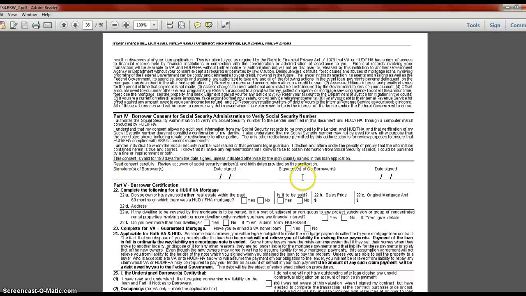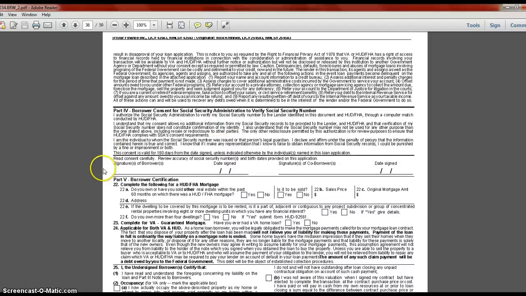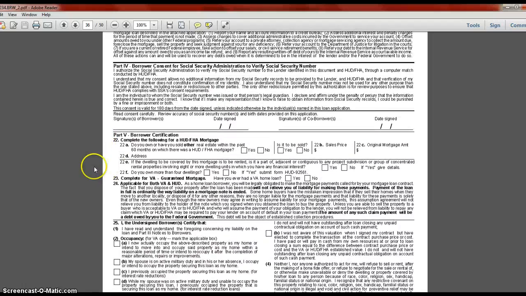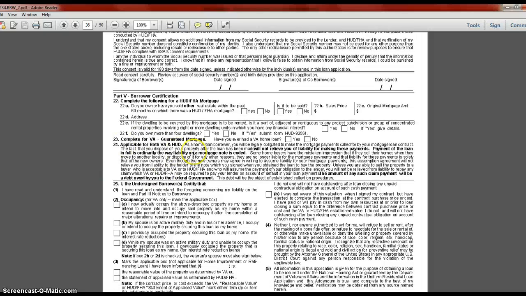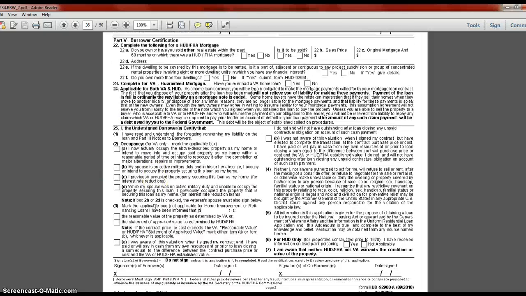You sign here, the co-borrower signs there. This is to verify Social Security numbers and things, which sometimes they require for audits and such. Don't mess with any of this stuff here. You sign here and then sign here at the bottom.